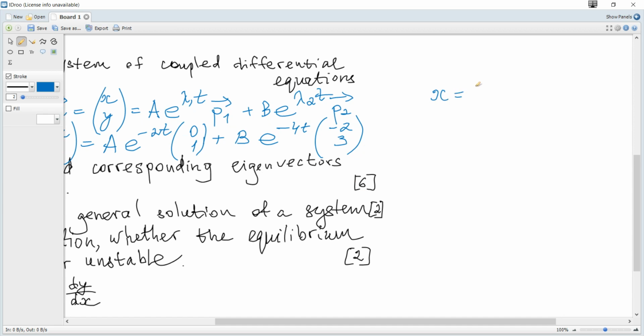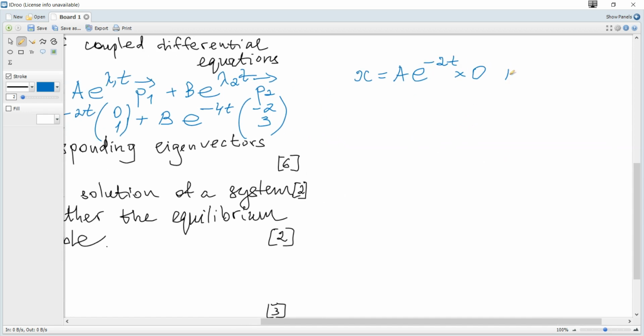It looks like x is a e to negative 2t multiplied by 0, plus b e to negative 4t multiplied by negative 2.